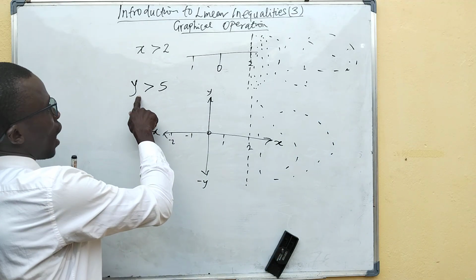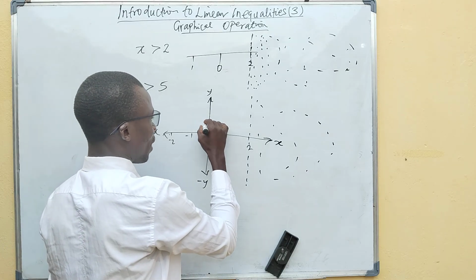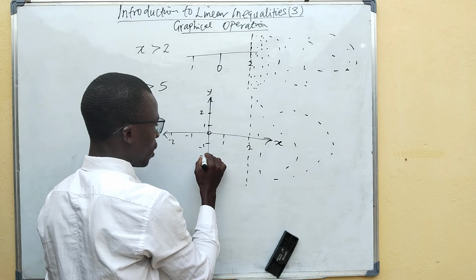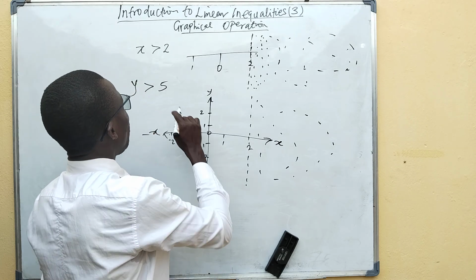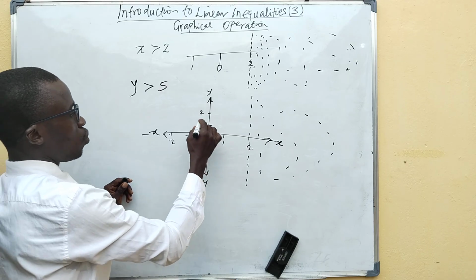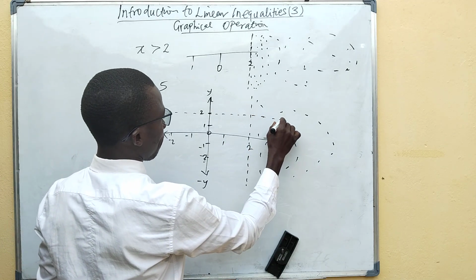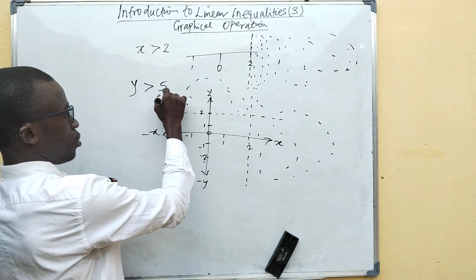Then what about y is greater than 5? If we are to number the y part, this is 1, this is 2, this is minus 1, this is minus 2. Now, y is strictly greater than 2, which means I will draw this, then shade up.